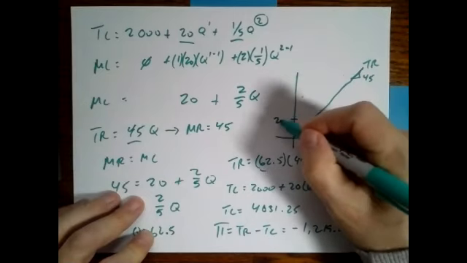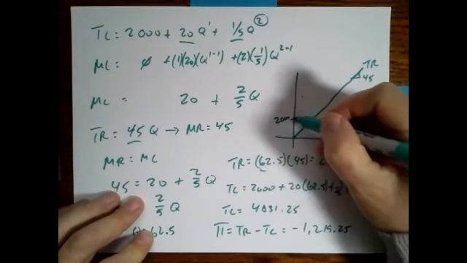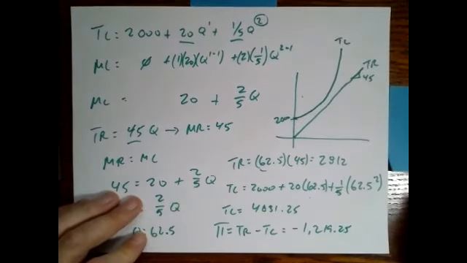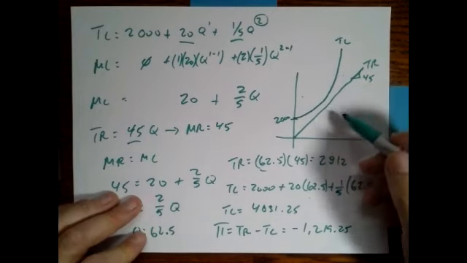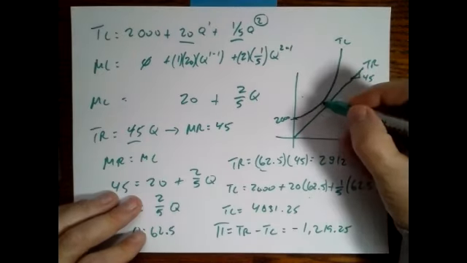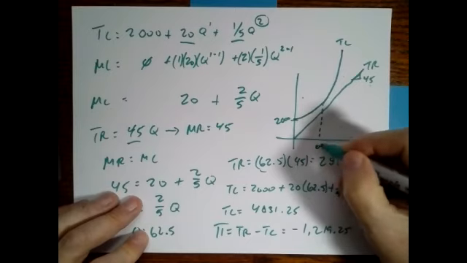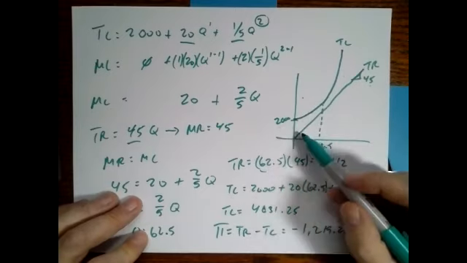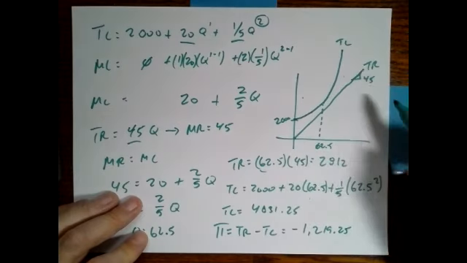that this is, say, 2,000, and the curve just does something like this. In other words, graphically speaking, here we're at 62.5, the total revenue curve went up at 45.